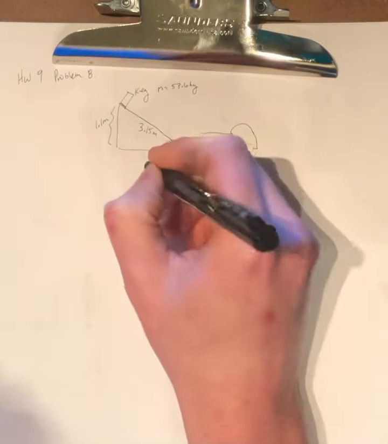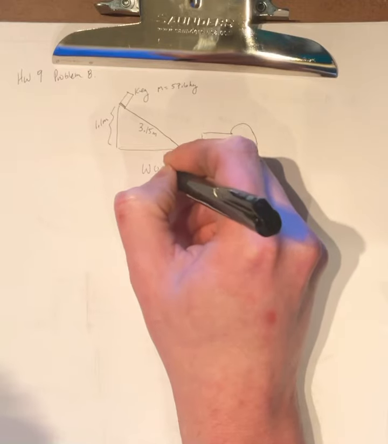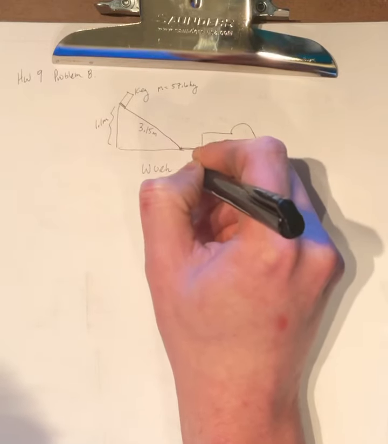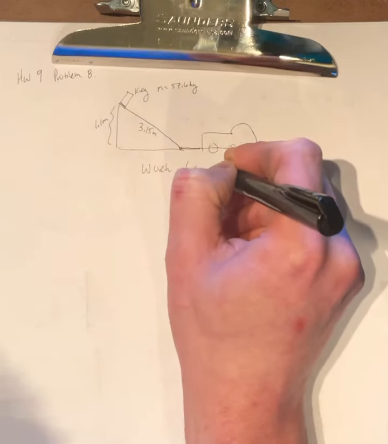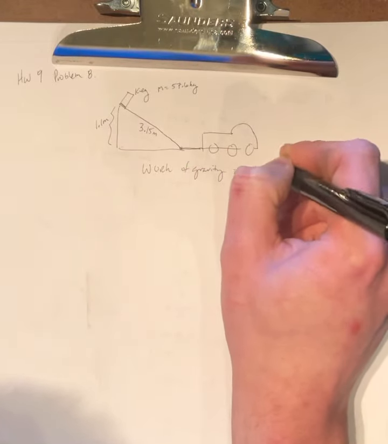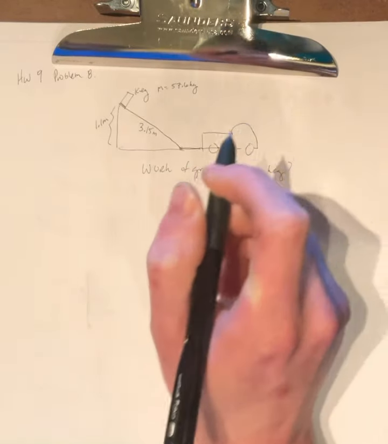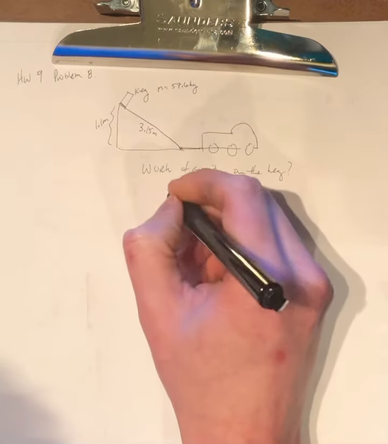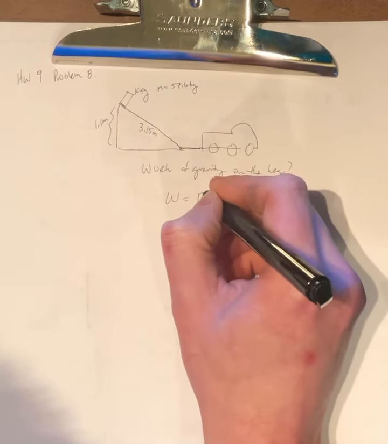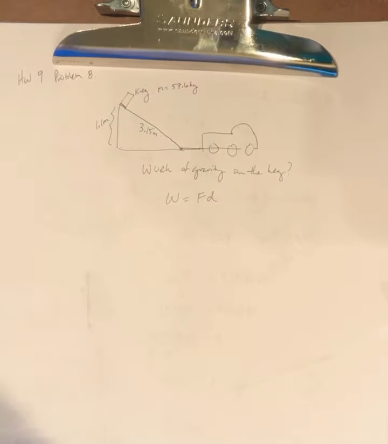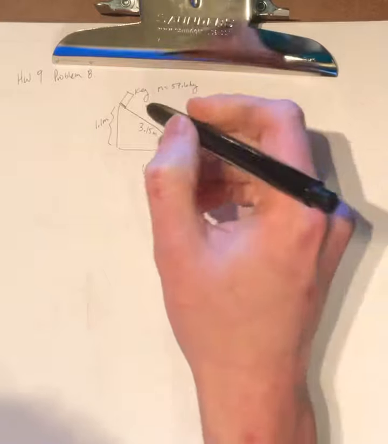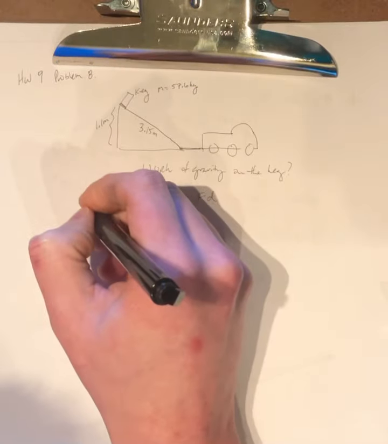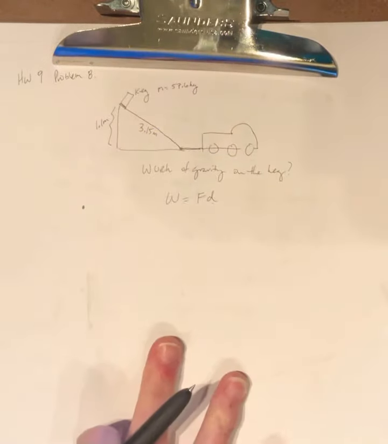So it says, what is the work of gravity on the keg? Okay. So work is equal to force times displacement. And so if we draw a free body diagram right here, what are the forces acting on this keg?